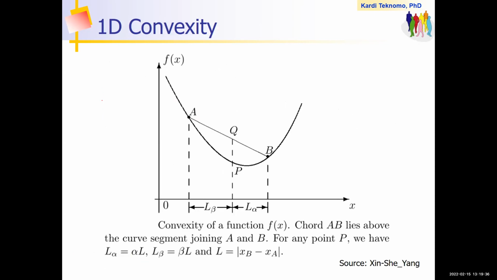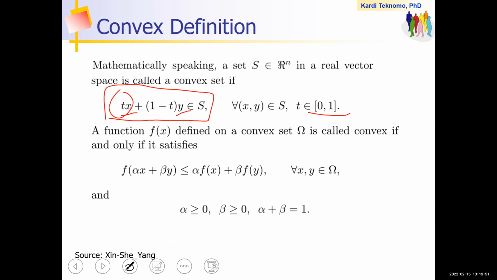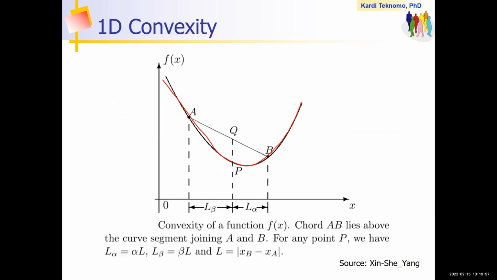This function can be put into one dimension, something like this. A convex curve is this kind of curve. When you put a linear line here, that will satisfy this value. So convex means the chord AB lies above the curve.